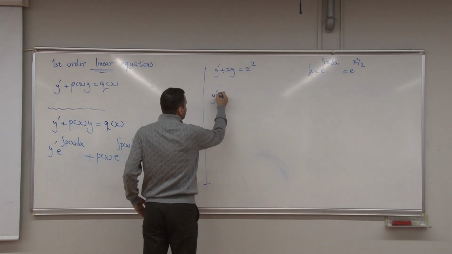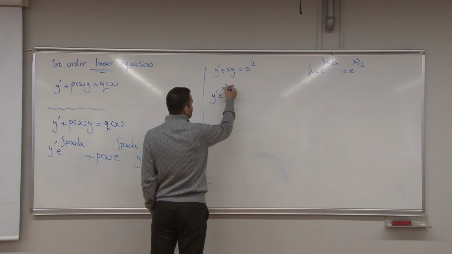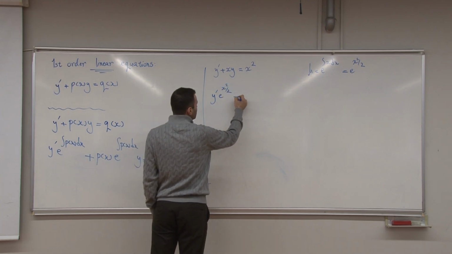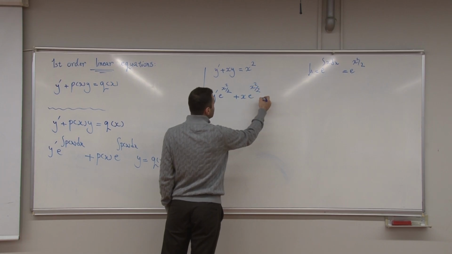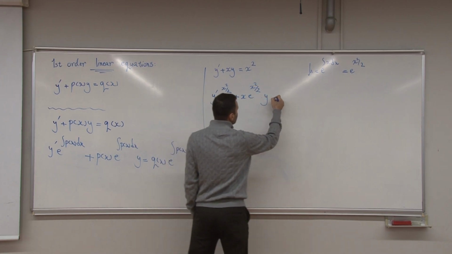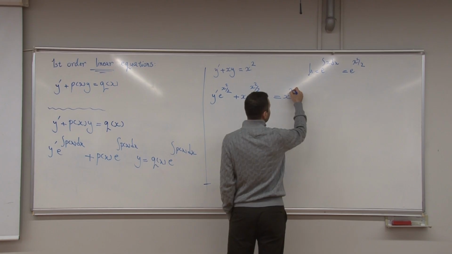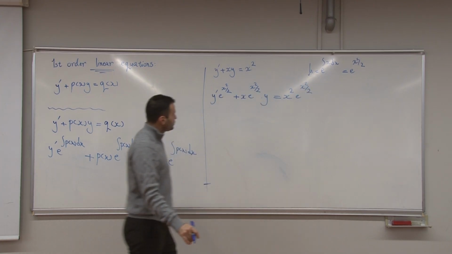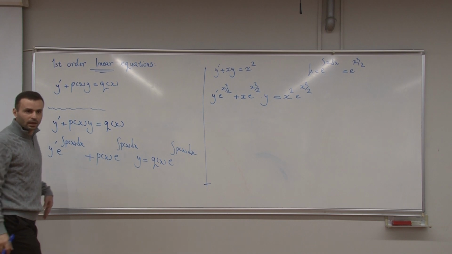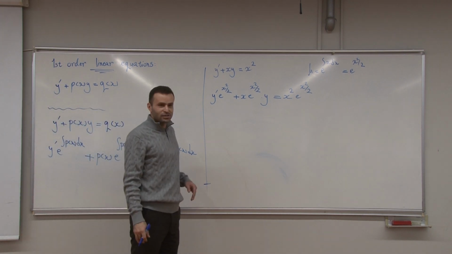So we're going to have y prime e to the power of x squared divided by 2, plus x e to the power of x squared divided by 2 times y, equal to x e to the power of x squared divided by 2. A lot of x's.